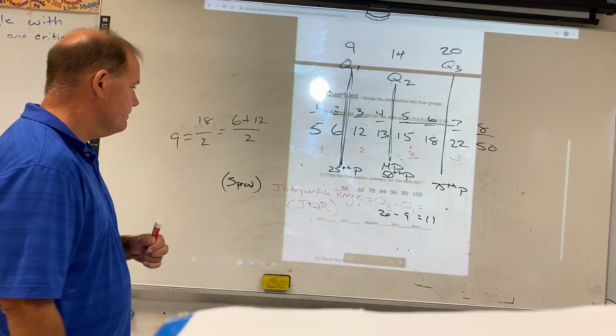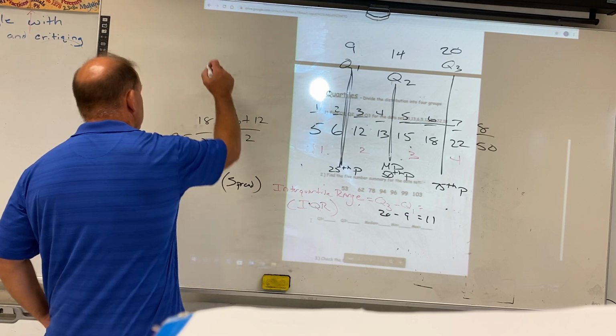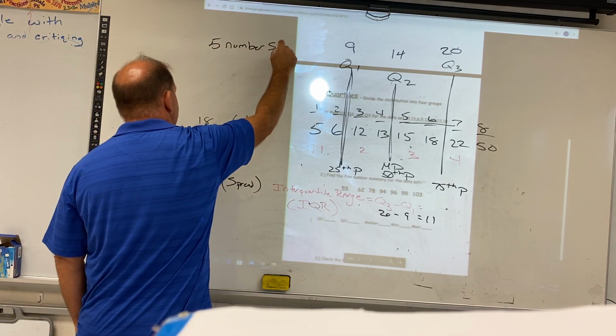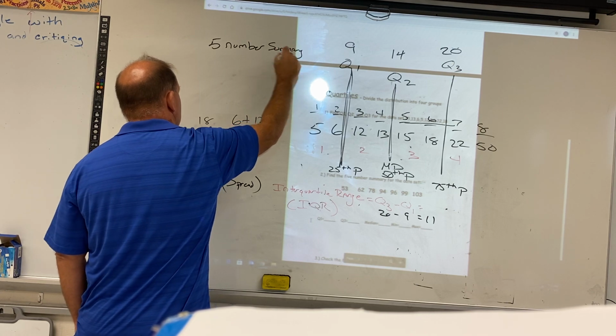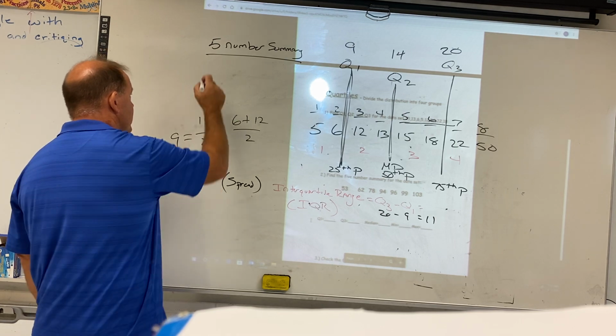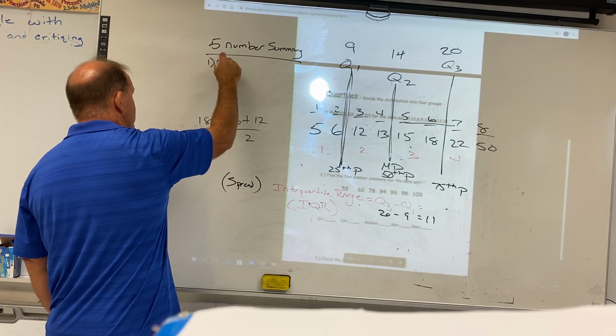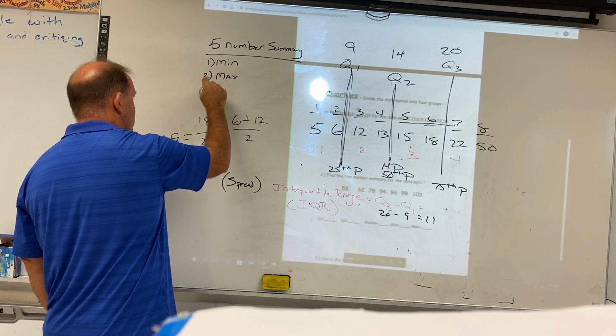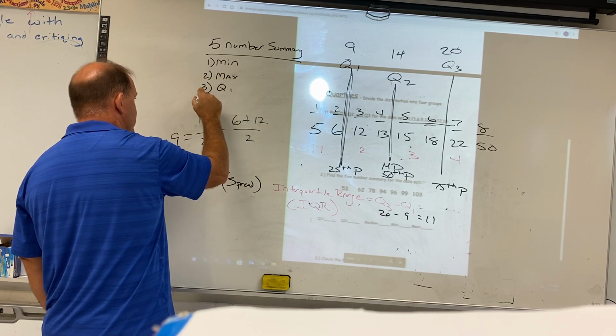So if you're asked for a 5-number summary, which is a quick way to look at your data, the 5-number summary is what's the minimum score, what's the maximum score, and what are your quartiles.